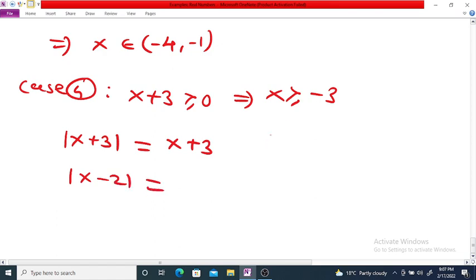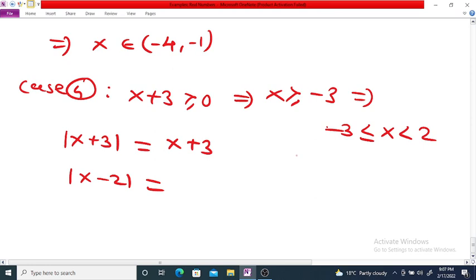Now x is greater than minus 3, that is, it may be minus 2.5. So here we want to consider a case again. If x is greater than minus 3, that is minus 3 less than or equal to x less than 2, so here minus 3 to 2.